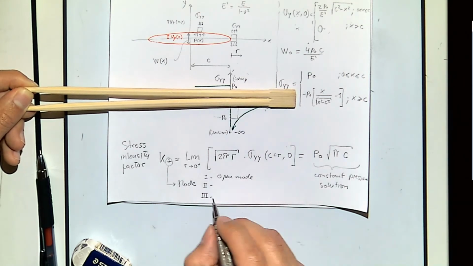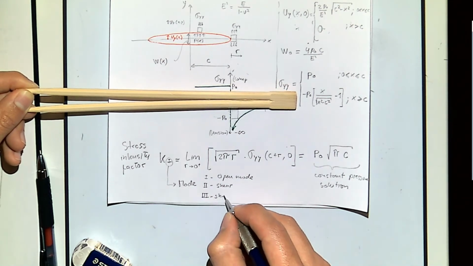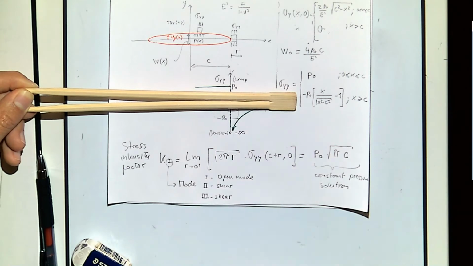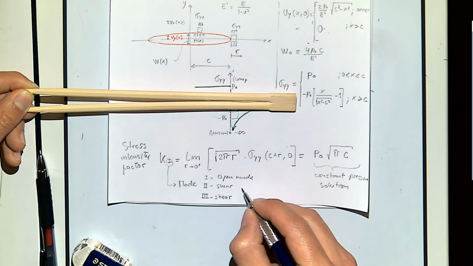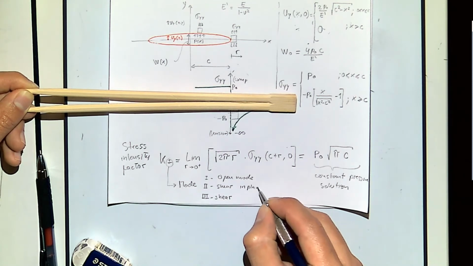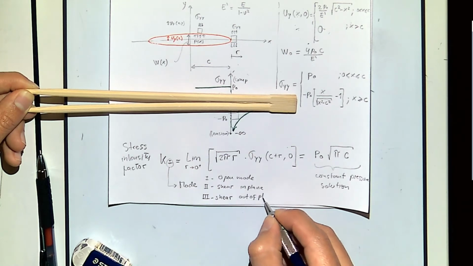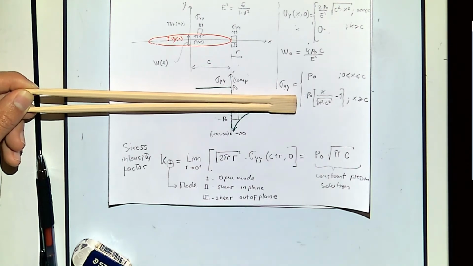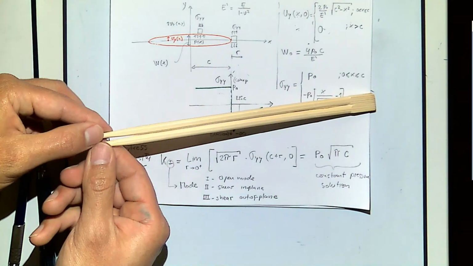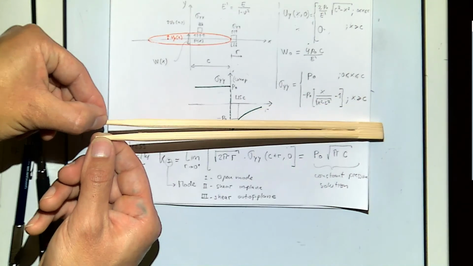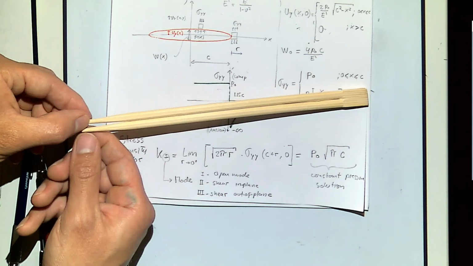And mode 3 and mode 2 are shear. Mode number 2 is shear in plane, and mode number 3 is shear out of plane. What does that mean? Okay, so open, I just open this, opening the aperture.